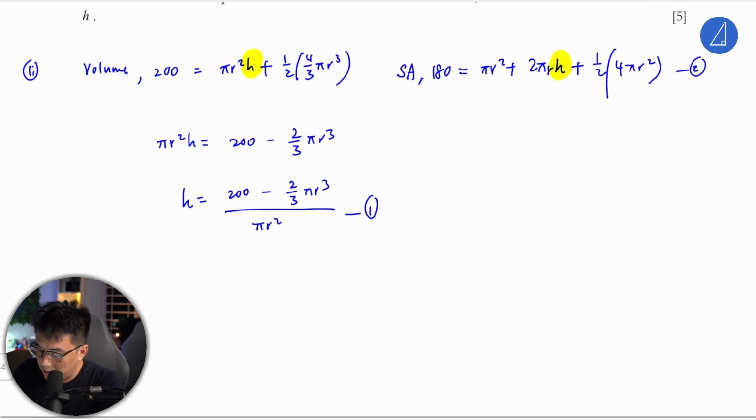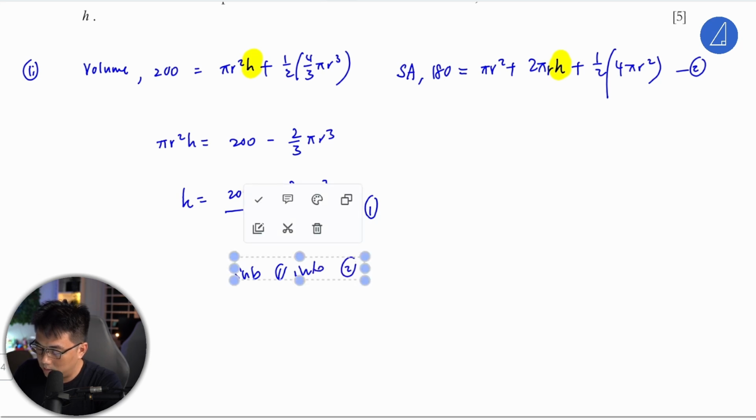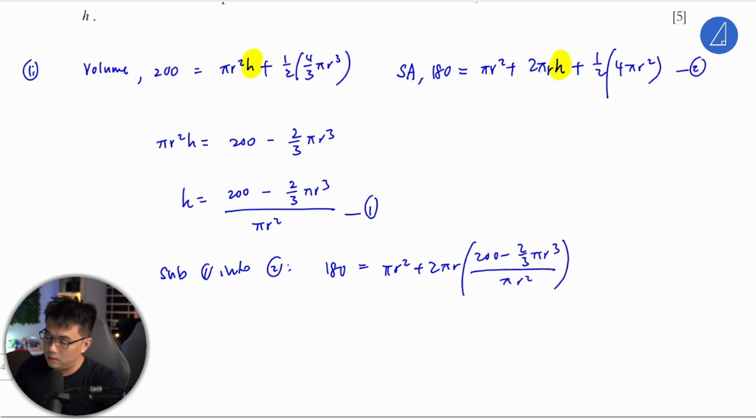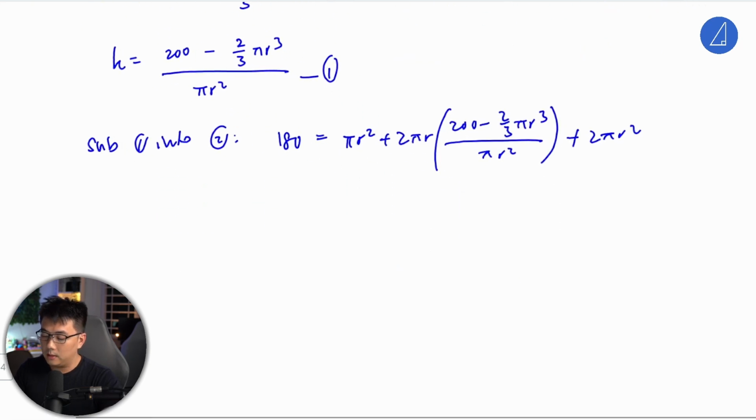So 180 would be equal to pi r square plus 2 pi r h, which is 200 minus 2/3 pi r cube over pi r square, plus 2 pi r square. Right, that's about it. So cancel it out, give it r.